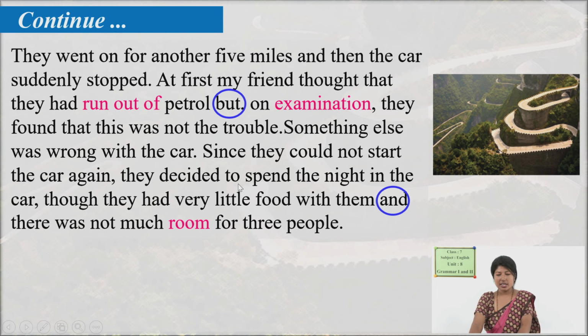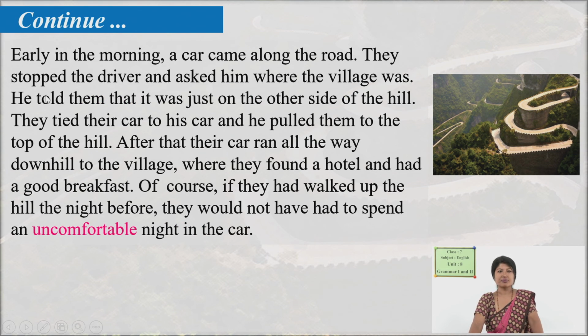Let's continue with the next paragraph. Early in the morning, a car came along the road. They stopped the driver and asked him where the village was. He told them that it was just on the other side of the hill. They tied their car to his car and pulled them to the top of the hill.